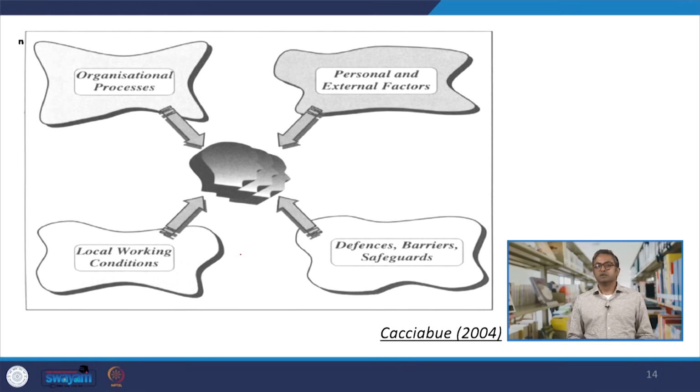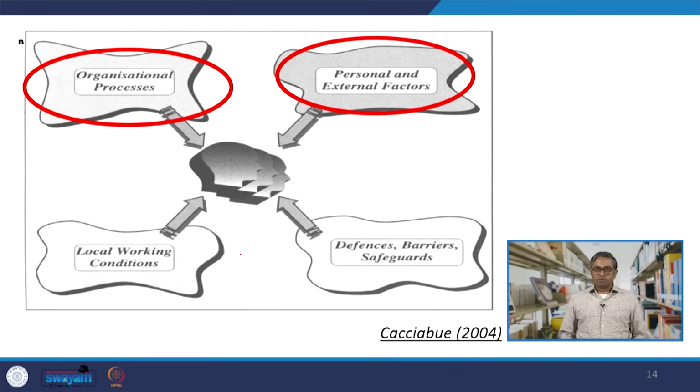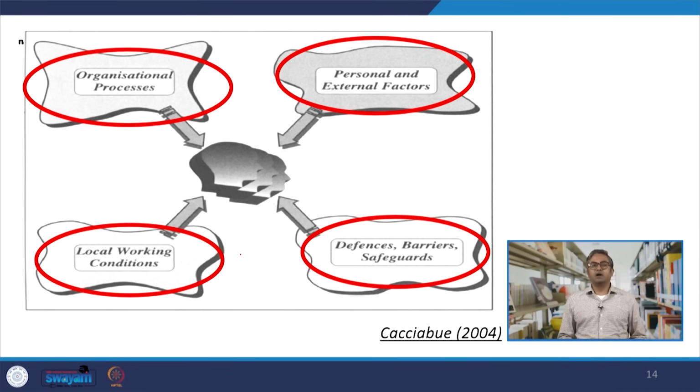And then the defenses, barriers and safeguards. How can he safeguard himself? What kind of coping mechanism does he need to solve his personal matters or his professional matters? So these factors are also contributing factors in an individual.